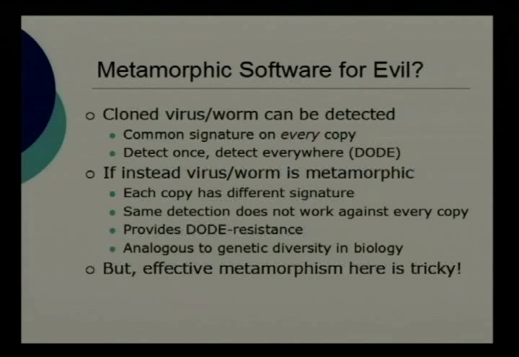Is that possible? Seems it's conceivable. Okay, so every copy has a different signature, and again, same point. You're really trying to get this sort of genetic diversity into your population of viruses. So the defender who's trying to discover them has a harder time trying to pick them out, okay, because they have different signatures.